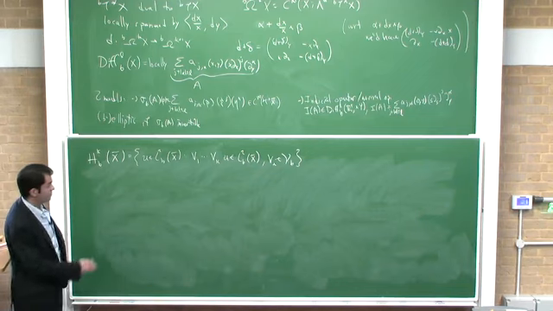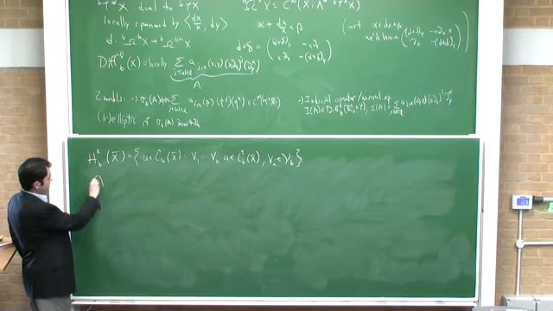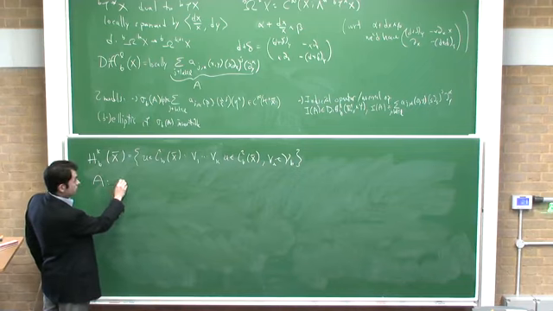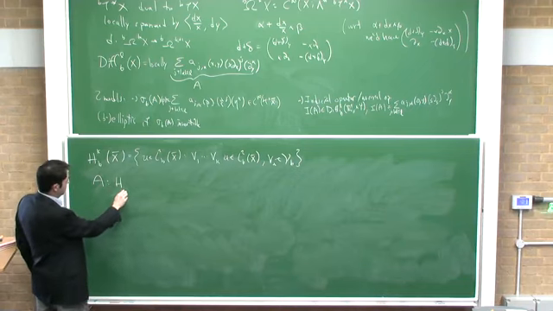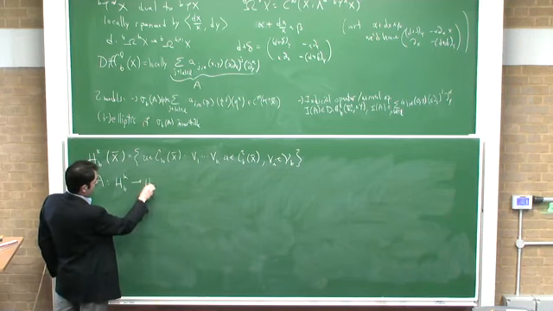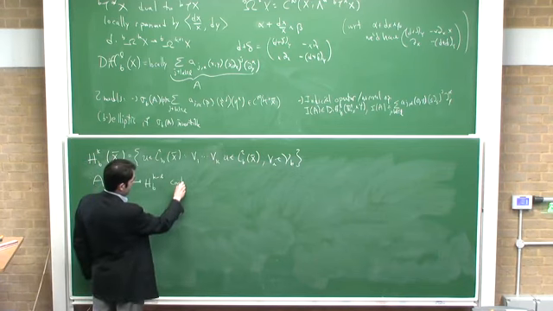Okay, so these are weighted Sobolev spaces, and if you have an elliptic differential operator, you get a continuous operator from H_b^k to H_b^(k-l), so it's continuous.